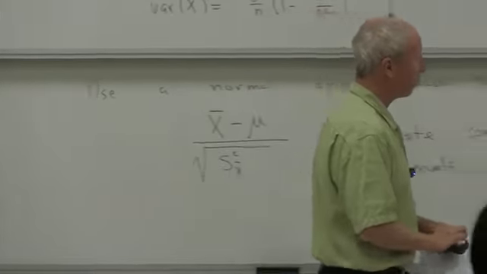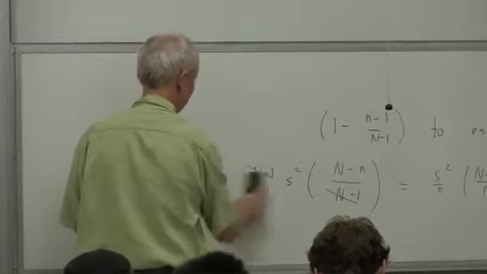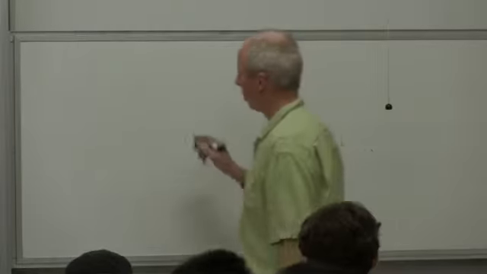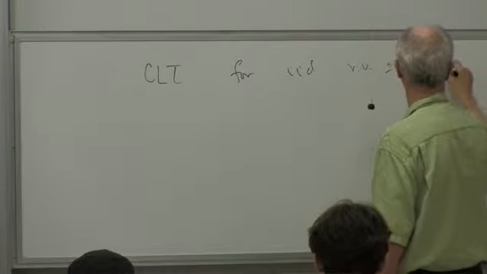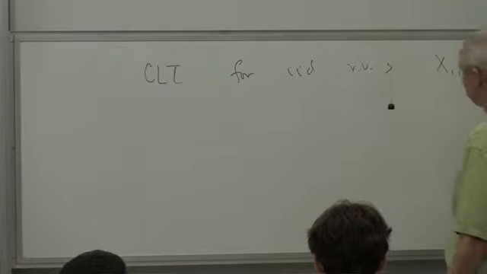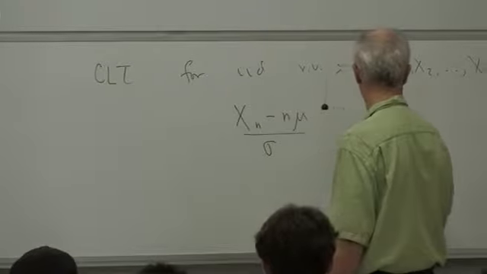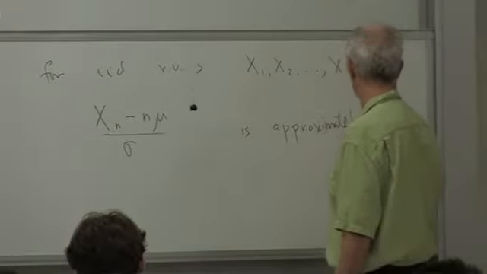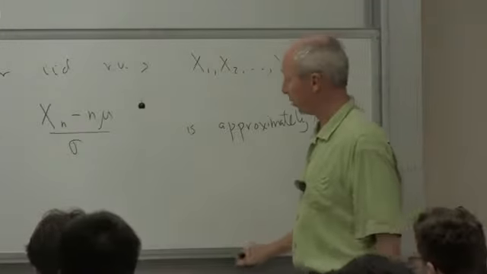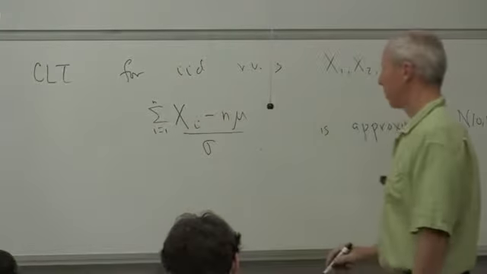If you think back to the central limit theorem, the sum from i equals 1 to n of xi is approximately normal.